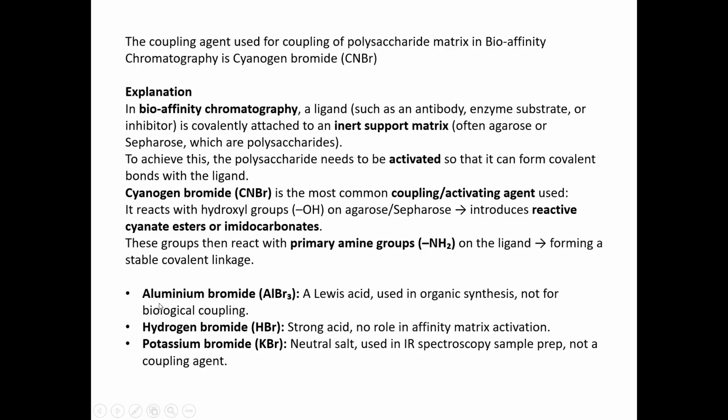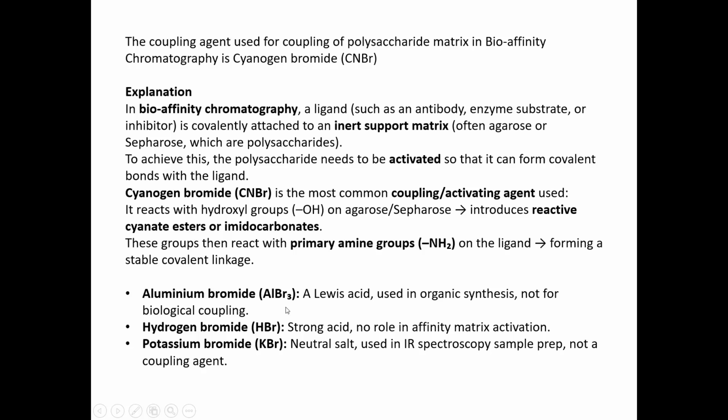Then other options like aluminum bromide, hydrogen bromide, and potassium bromide. These are all acids and other salts which are not used for affinity chromatography. So aluminum bromide is a Lewis acid, so it is used in organic synthesis and not during coupling.